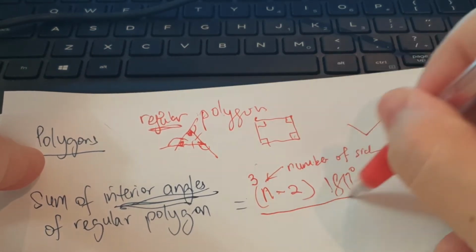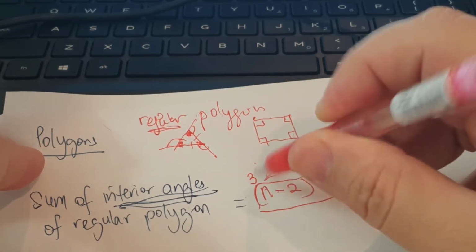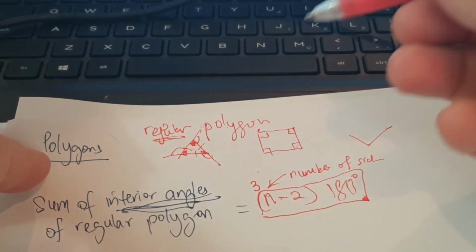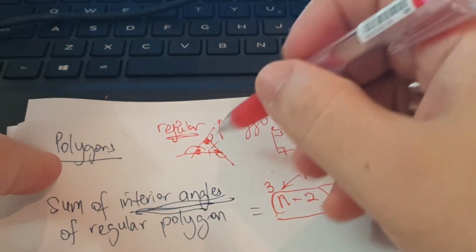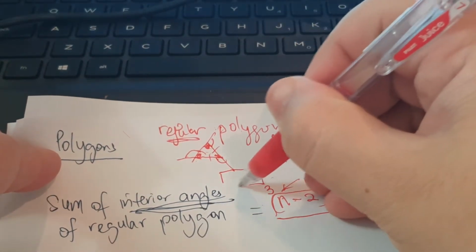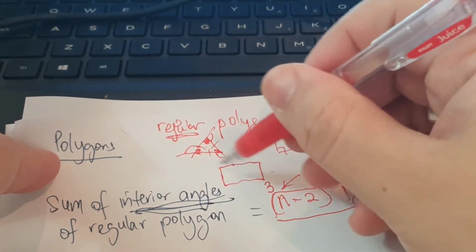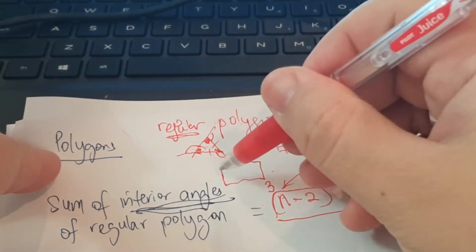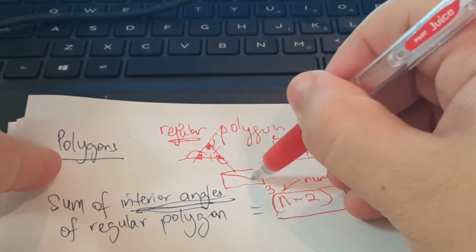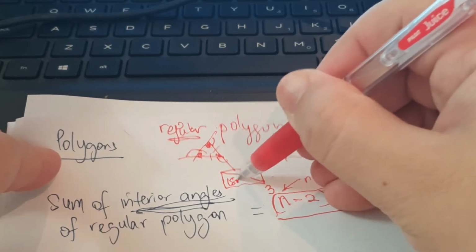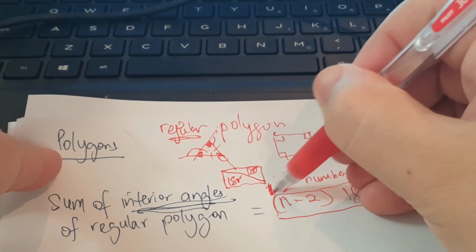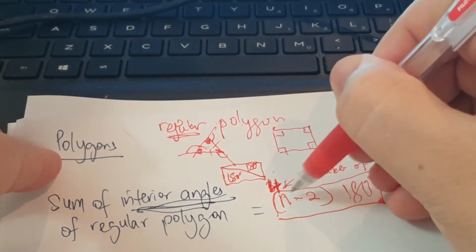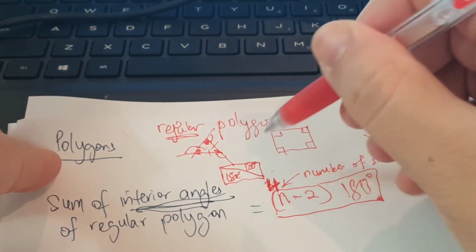So in the exam, if you forget, you just draw this and then the rest is from here. What do you mean from here? Let's say I have a 4-sided polygon. Need not be a rectangle, just any 4-sided figure. I cut, I get 2 triangles. So when I have 4 sides, 4 minus 2, I get 2 triangles inside.